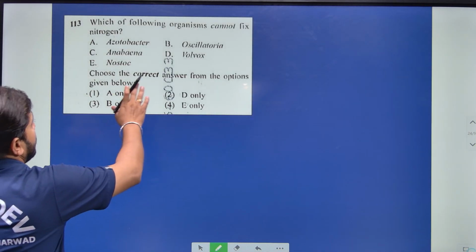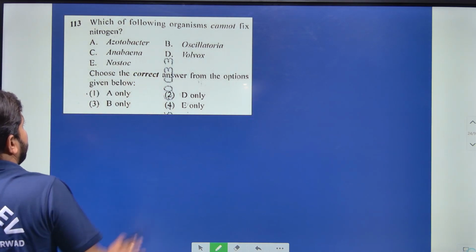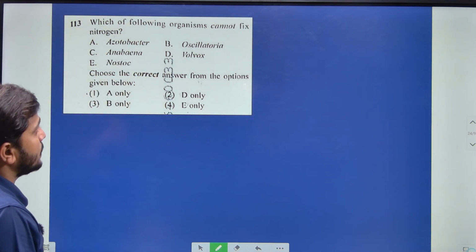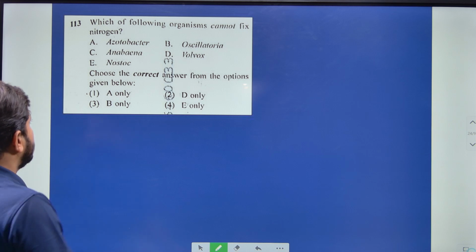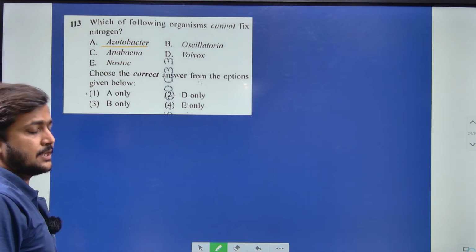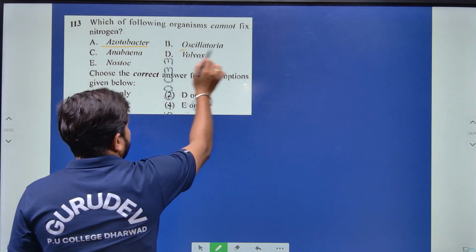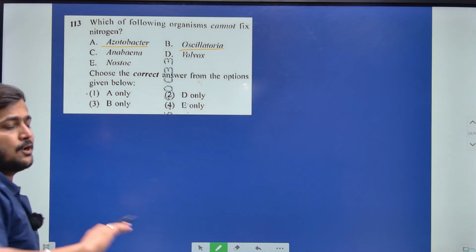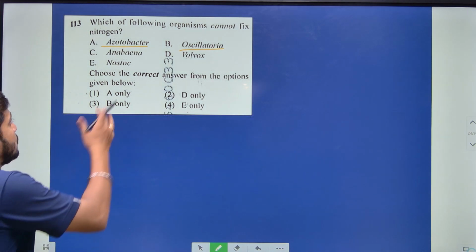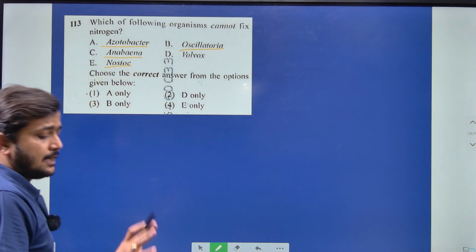Which of the following organisms cannot fix nitrogen? So they have given different options. Who is not going to carry out fixation of nitrogen? Azotobacter, yes, it carries nitrogen fixation, as it is present in the rhizosphere. Oscillatoria you can find with respect to the paddy field, lodging. So there also it carries the nitrogen fixation. Anabaena and Nostoc are majorly cyanobacteria.